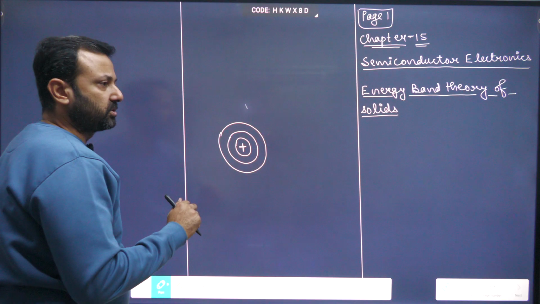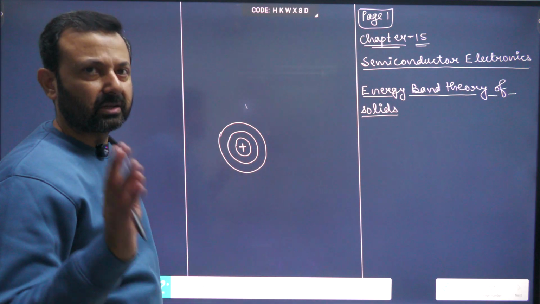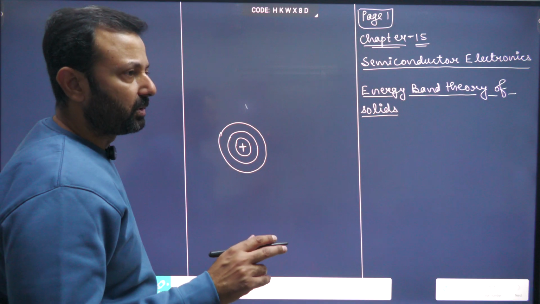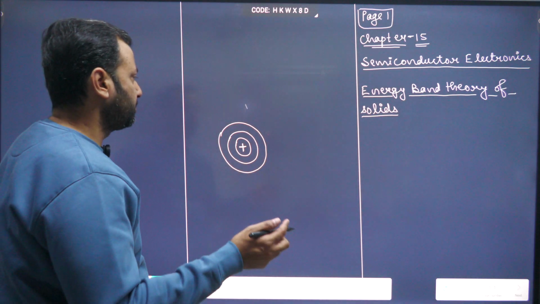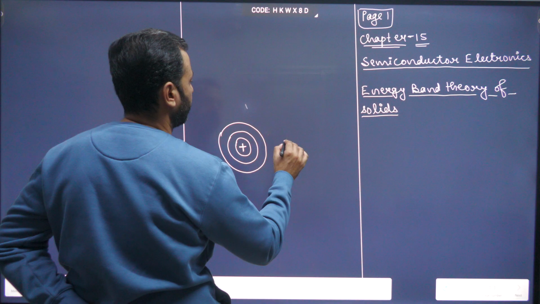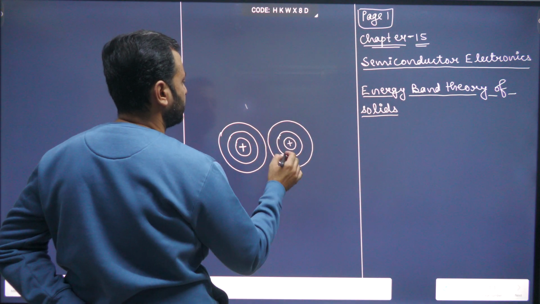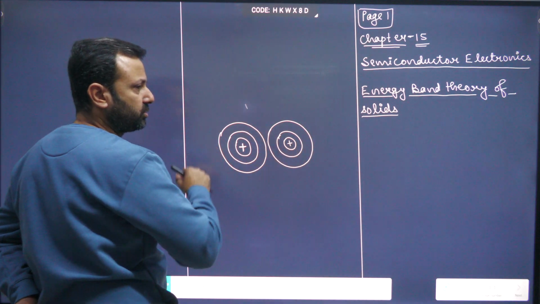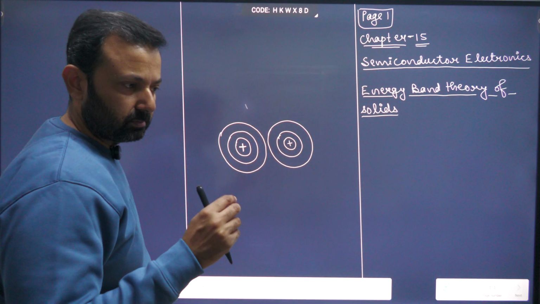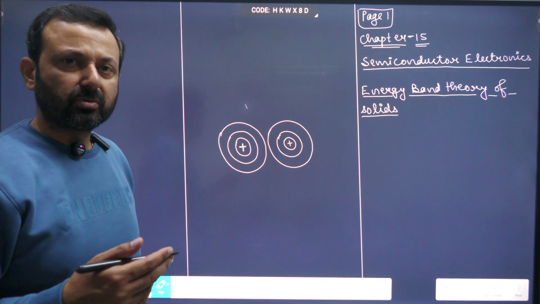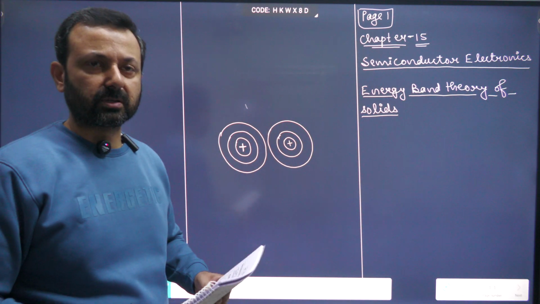A material consists of so many atoms, an infinite number of atoms. If I talk about a few atoms, then those atoms will interact with each other when they are brought close to one another by some procedures.